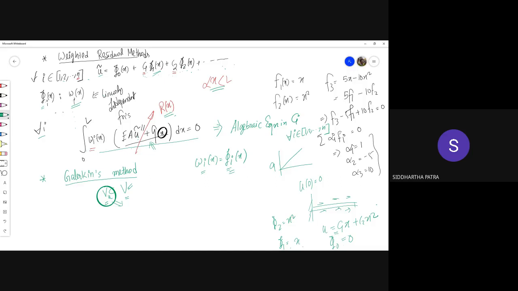So you'll have to do this twice. That's why you are supposed to multiply with the weight and do an integration. That way you get one algebraic equation involving C1 and C2. Next, if you take the second weight, you will get a different equation.